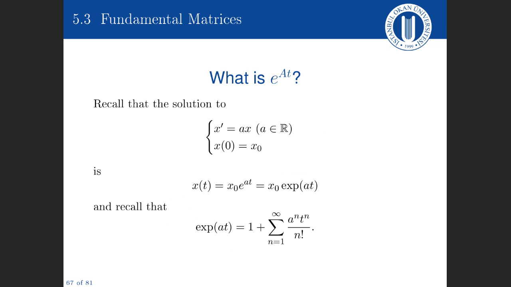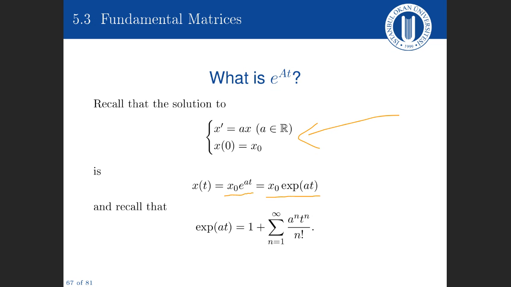What is e to the power of a matrix multiplied by t? Now, let's go all of the way back to chapter 1. The solution to x prime is equal to ax, x of 0 is x0, where small a is just a number. We know that the solution to this initial value problem is x0 e to the power at, or x0 exponential function of at.